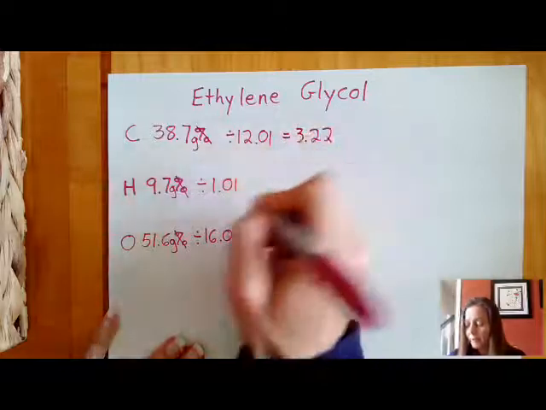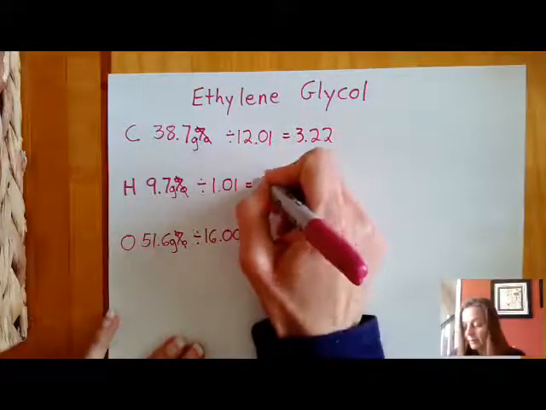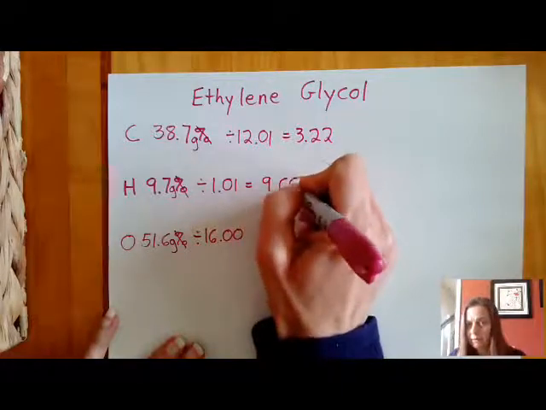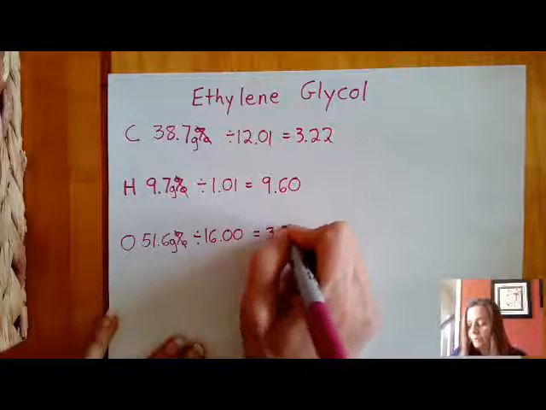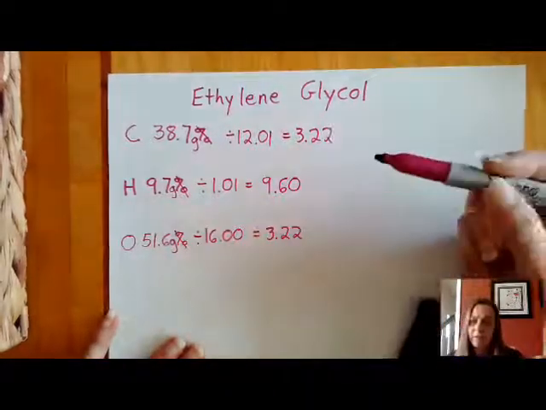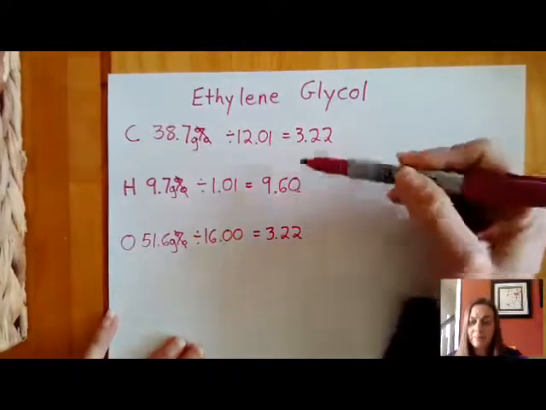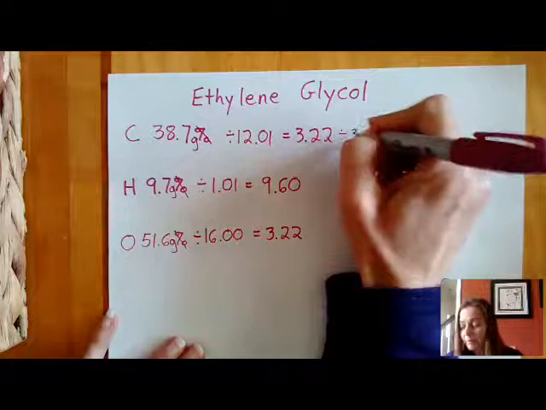That's going to give us 3.22 for carbon, 9.60 for hydrogen, and 3.22 for oxygen. Again, we're going to divide by the smallest number. We have the same smallest number twice, so we're going to divide by 3.22.